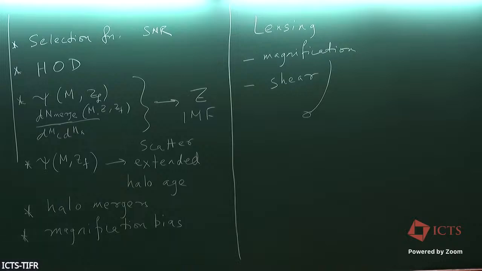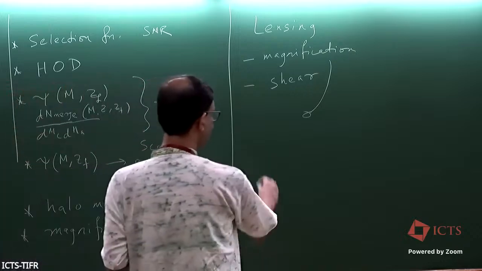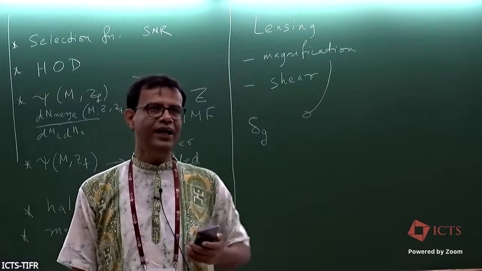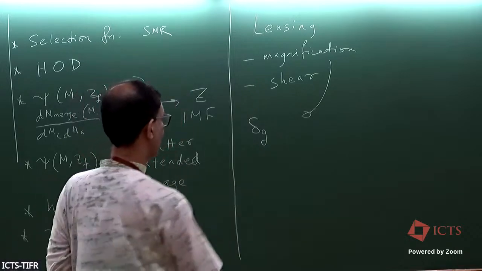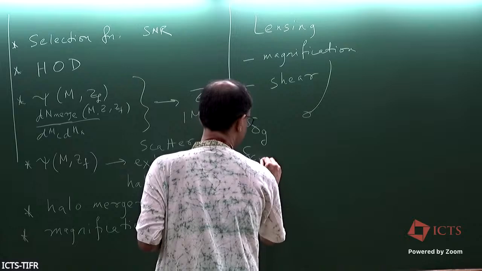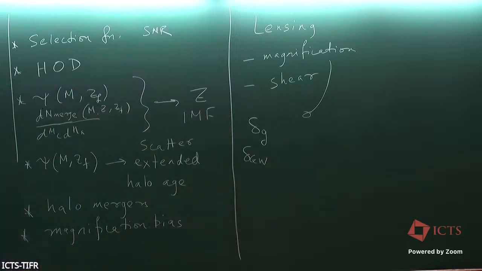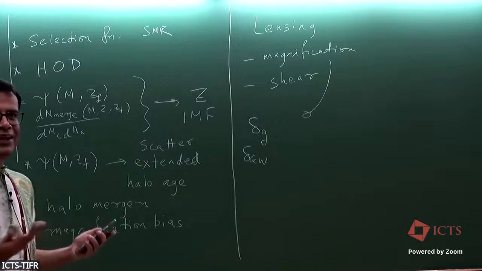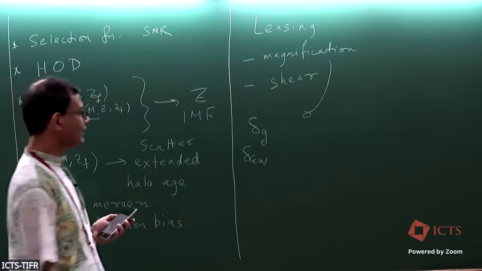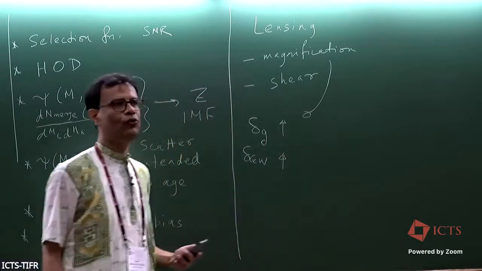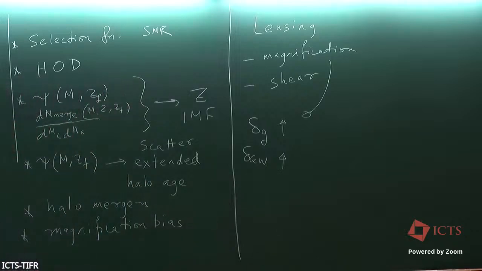Just like we had written delta halo, I can write delta galaxy or delta gravitational wave event. That will be the number of gravitational wave events divided by the mean number of events, minus 1. Since you are now observing more sources, this quantity may go up more than what you would have otherwise expected.